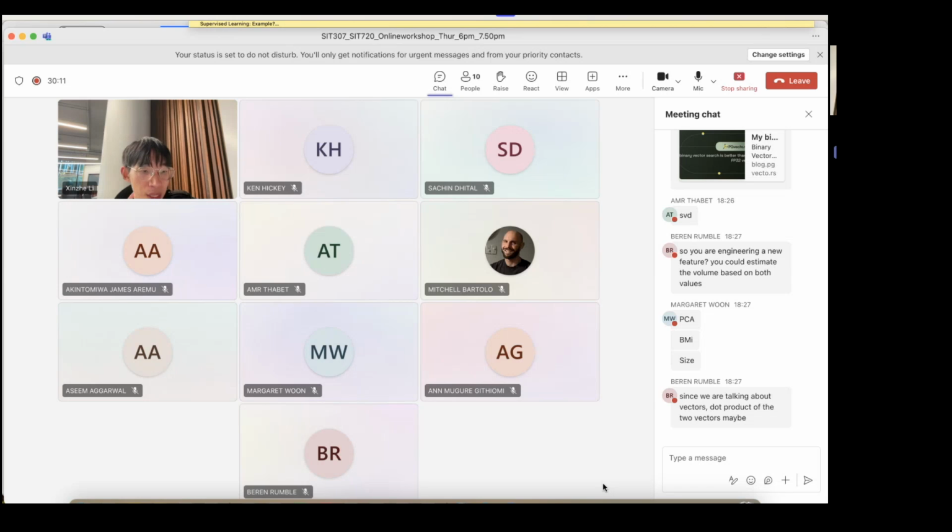Before we talk about PCA, does anyone know the underlying concept? Let me put it this way. When we use PCA to reduce dimensions, let's say from two features to one feature, what do we want to maintain from the two original features?